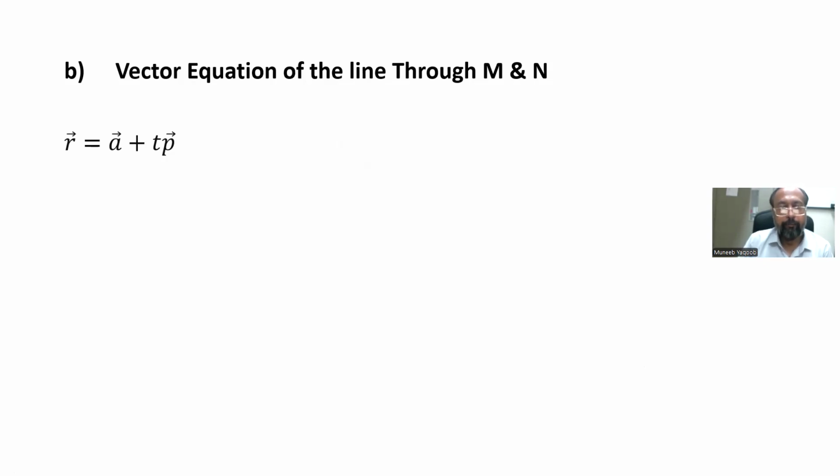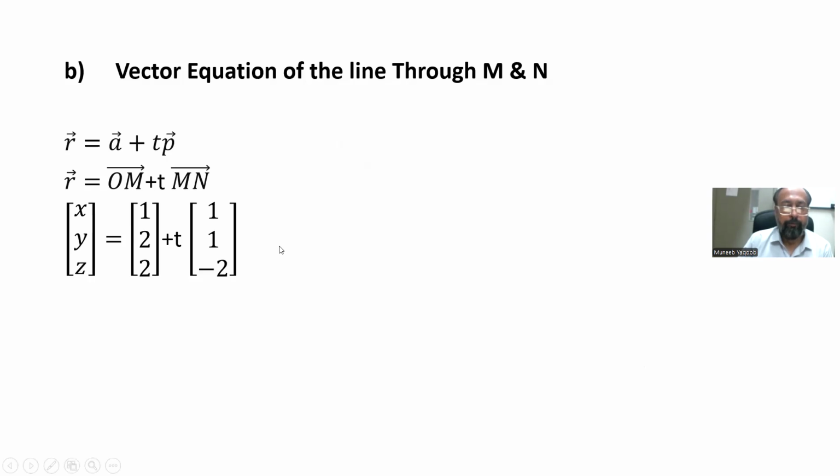Now, for the given point, we can take the point M, and for the direction vector, since it is a line through M and N, we can take position vector MN as the direction vector of this line. So in place of OM, we will put the column vector of OM, and in place of MN, we will put the column vector of MN, and hence we get the vector equation of the line through M and N.